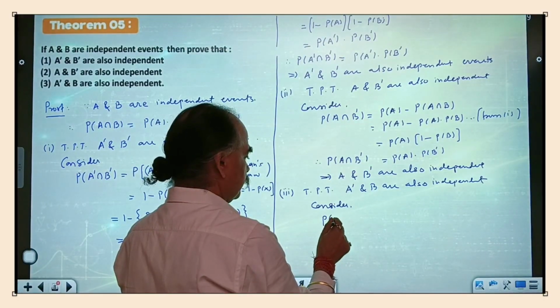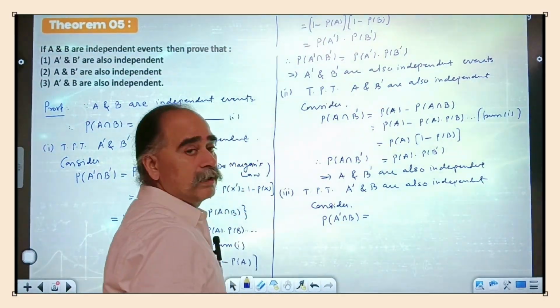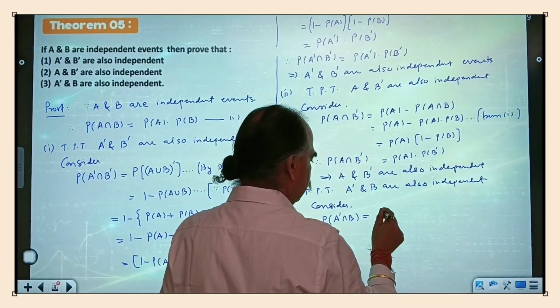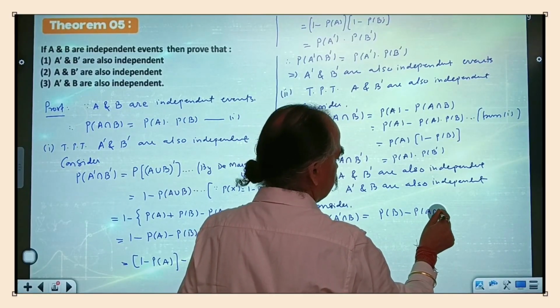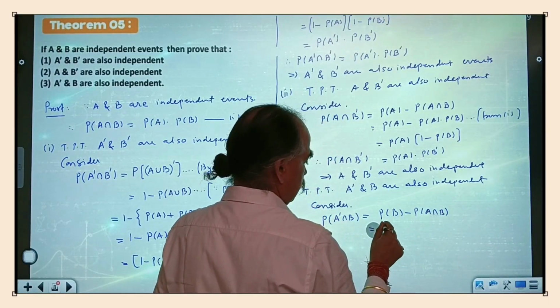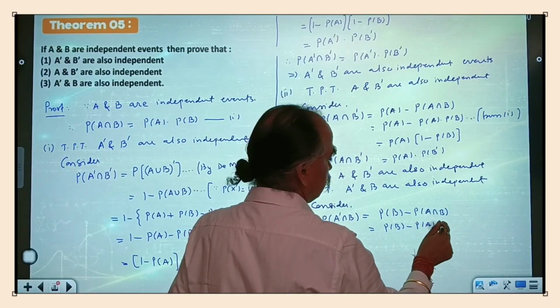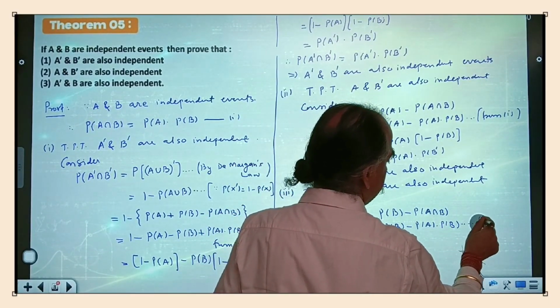Consider probability of A dash intersection B. In this case B has no complement, so from probability of B we'll subtract probability of A intersection B. So probability of B minus P(A) into P(B) from 1.